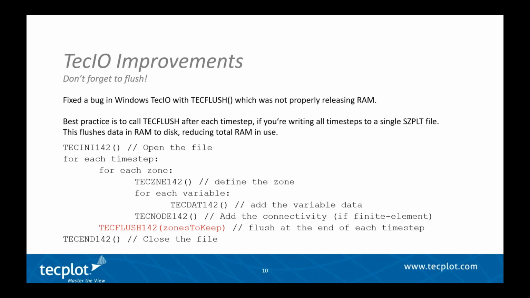So when writing Tecplot data files to the SZL file format, the Tech.io library needs to hold that data in RAM. This is an interesting issue with our SZPLT file format. In order to get the drastic speed ups with the SZL file format, we hold that data in RAM, and then as we write it out to disk, we subdivide the volume cells into what we call subzones.